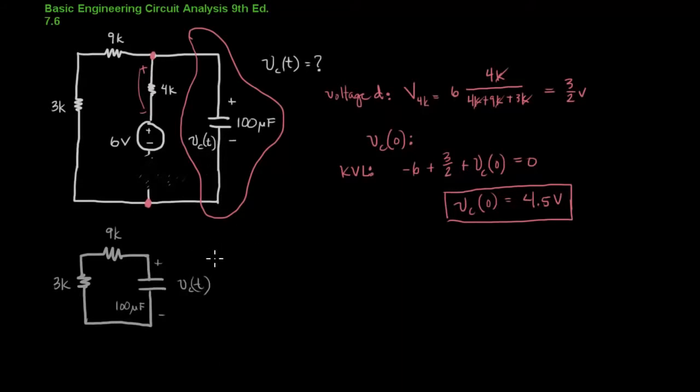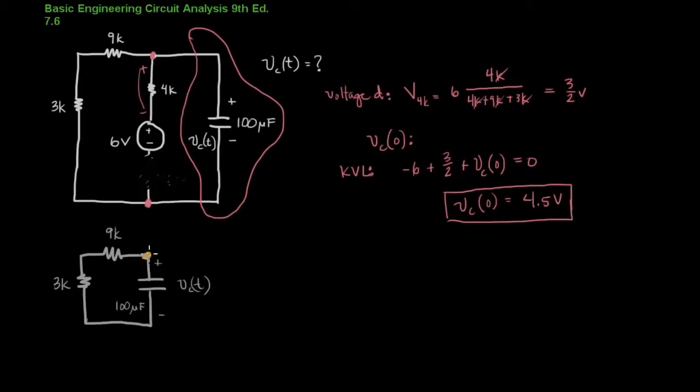Okay? And now that we've redrawn the circuit, we can solve for Vc of t. To solve for Vc of t, remember that earlier I mentioned that it's easiest to apply KCL to a first-order circuit that has a capacitor in it.